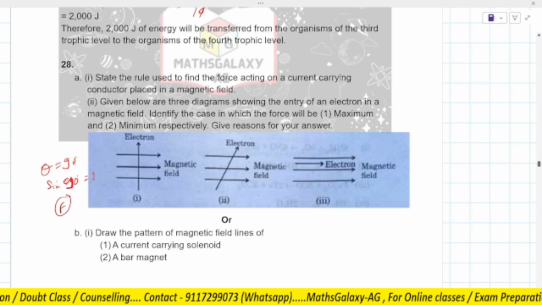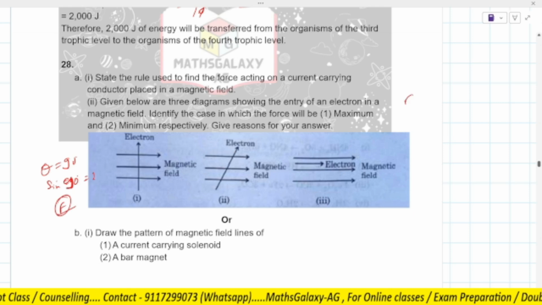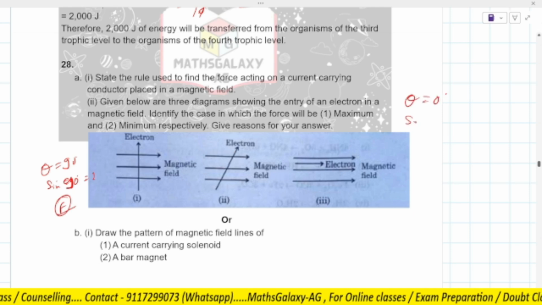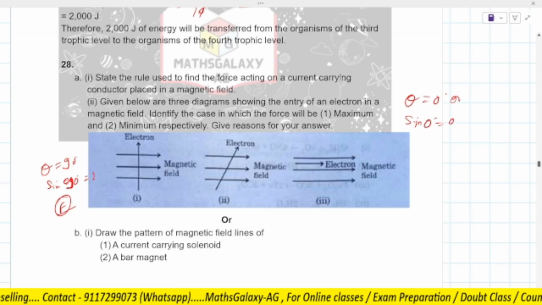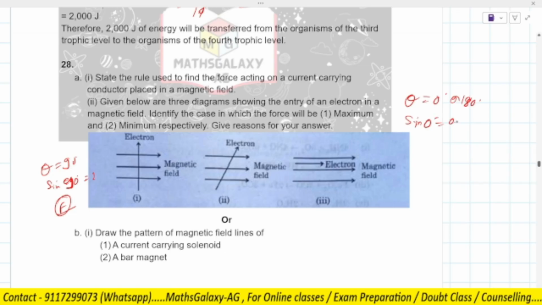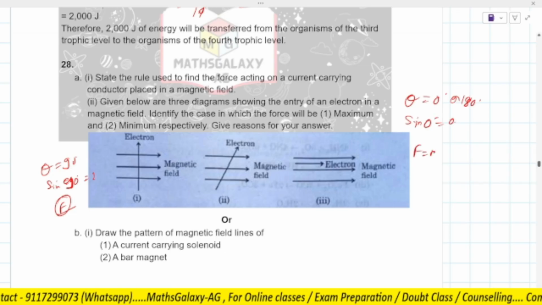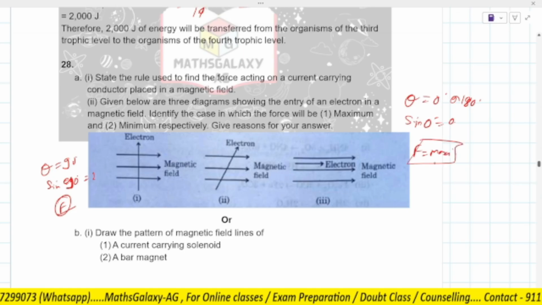So F will be greater. And when theta is equal to 0 degree or 180 degree, then sin 0 degree is equal to 0, so F will be minimum. Is it clear?